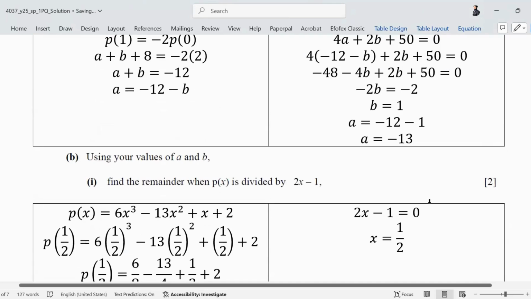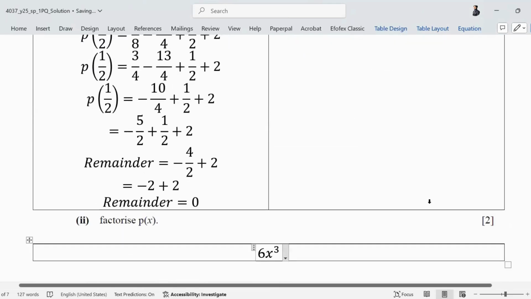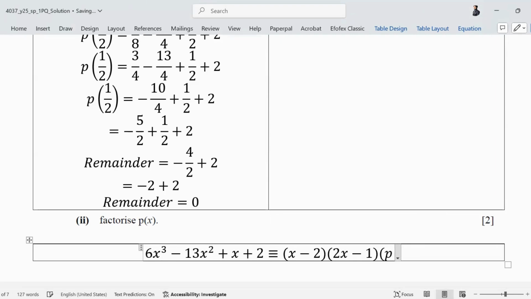6x cubed minus 13x squared plus x plus 2. One of the factors was x minus 2. The other is 2x minus 1. And the third is a linear one, for which I shouldn't write bx plus q.